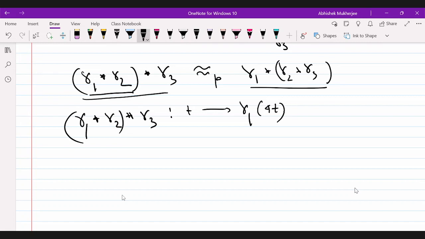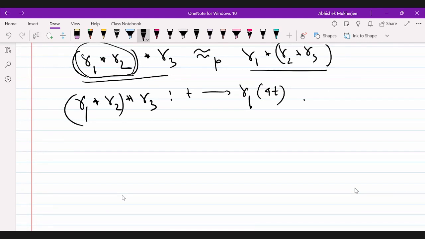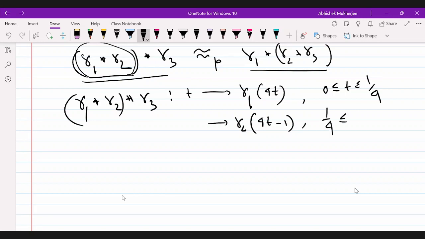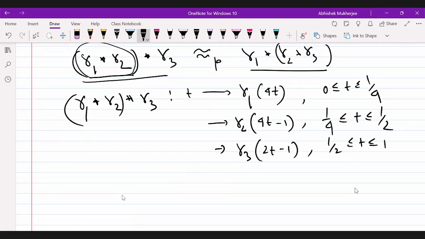And for making use of this, you need to consider again a division into equal parts of the 0 to half interval. So this is gamma 2, 4t minus 1, for 1 by 4 less or equal to t less or equal to half. And this is gamma 3, 2t minus 1.